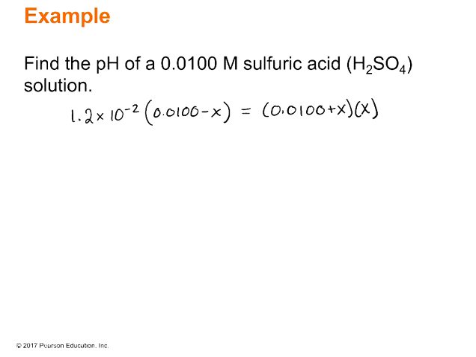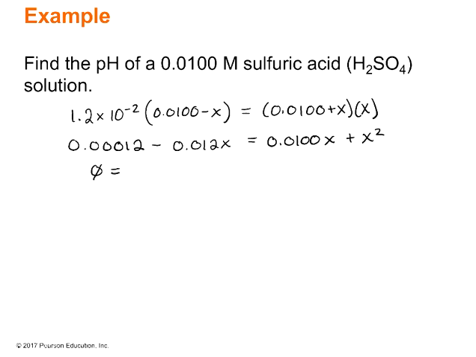Okay, so let's factor some of these things out. So we've got 0.00012 minus 0.012x, and that's equal to 0.01x plus x squared.